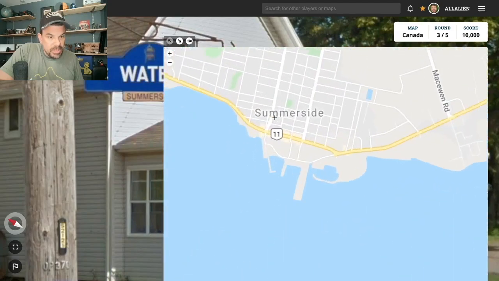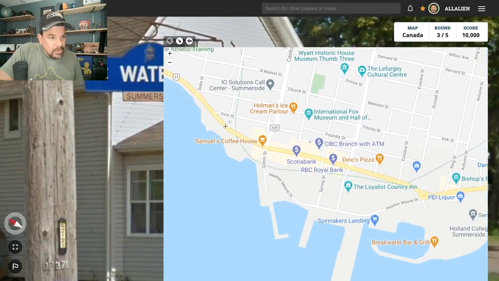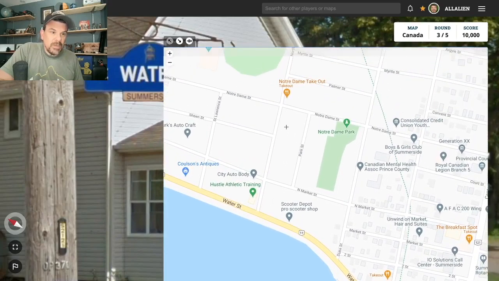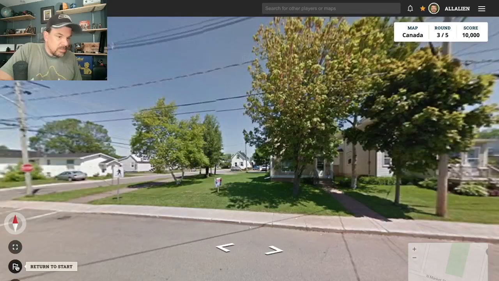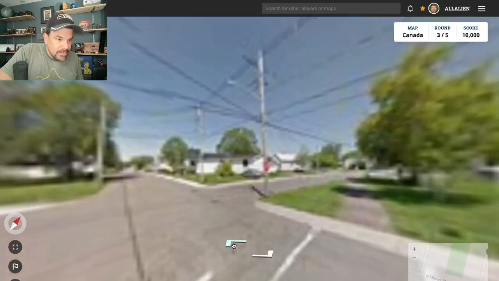So we've come down to Water Street, and we're at First and Water right now. I think we came down on, was it Northumberland? Yeah, so let's go back to our starting point and see what intersection we are at.